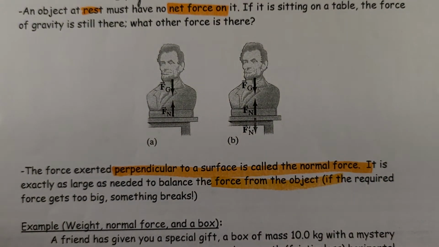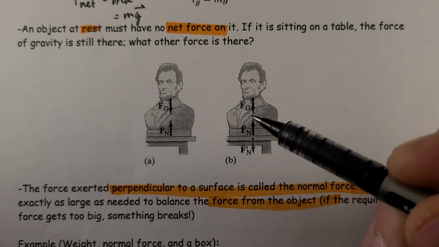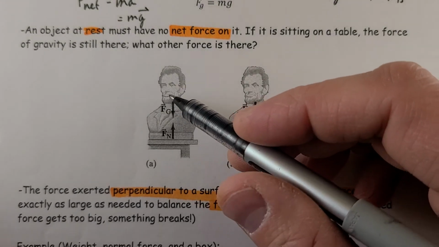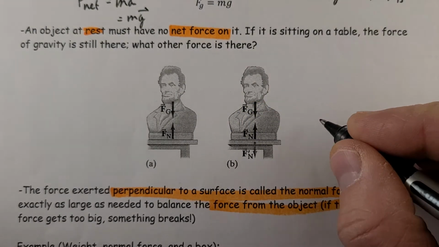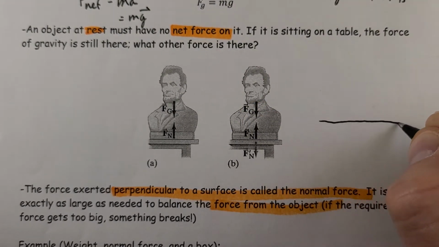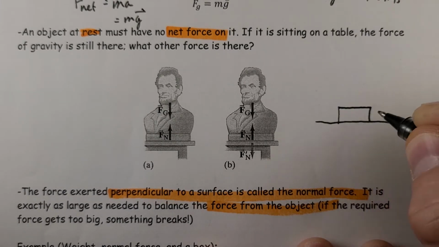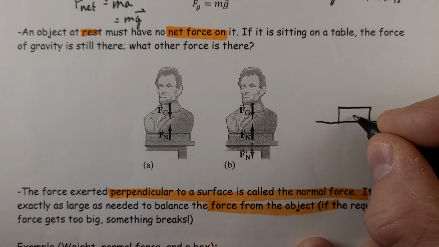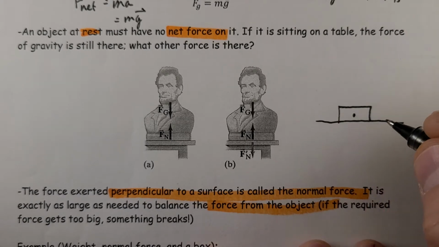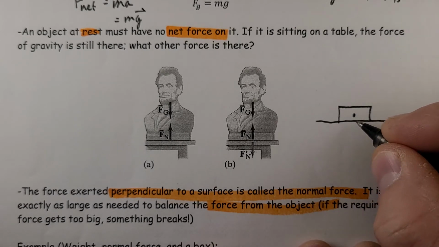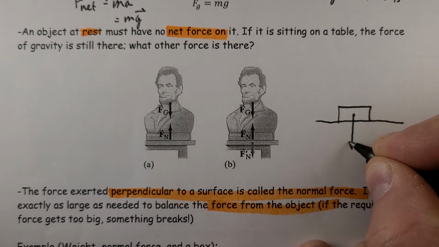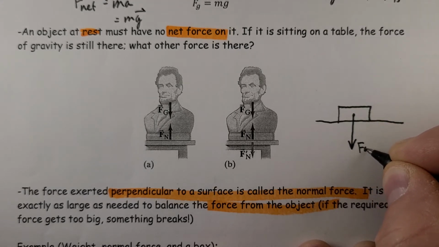So quite often how we would draw this picture, instead of the old Abe Lincoln bust here, we would often just draw the ground or the table, whatever it is we're talking about, and the object usually is represented as a square. And from the center of the object, we show all the forces operating on it. So we would have, in this case, a force of gravity, Fg, pulling downwards.